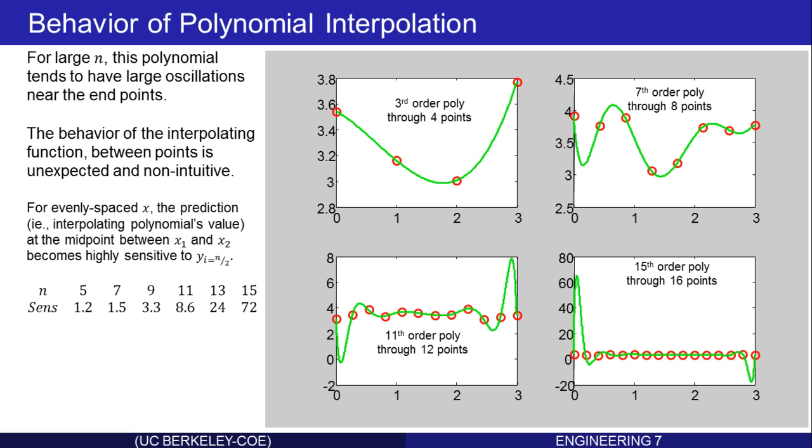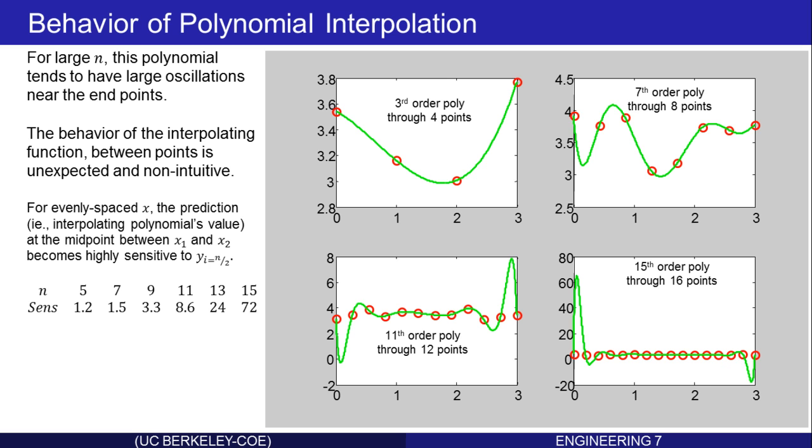I made a table of exactly what these sensitivities are. n equal 5 up through n equal 15, and the sensitivity ranges from 1.2 to 72, and notice how abruptly it's changing as n is increasing. This represents the derivative of the interpolating polynomial's value at the midpoint between x1 and x2 with respect to the value y at n over 2.